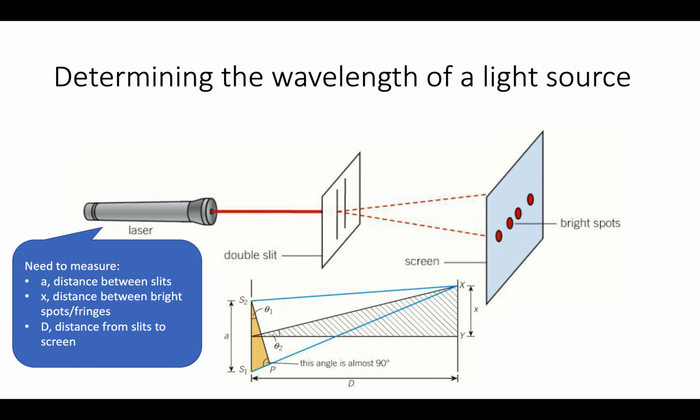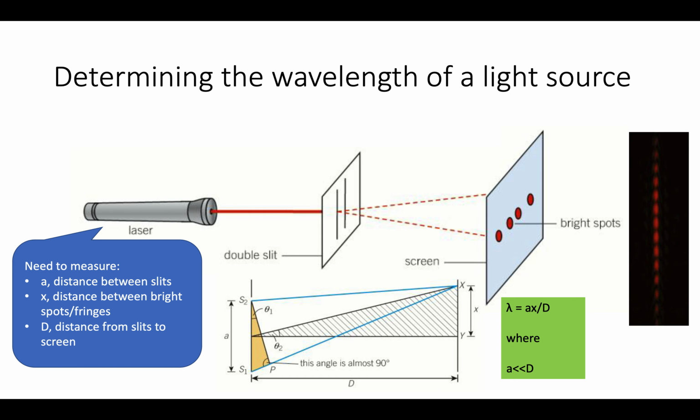Well, we need to know the distance between the slits, that's the A of AX over D. We need to know X, which is the distance between the bright spots or fringes. And then we need to know big D, that's the distance from the slits to the screen. Remember that the distance between the slits must be much smaller than the distance to the screen.